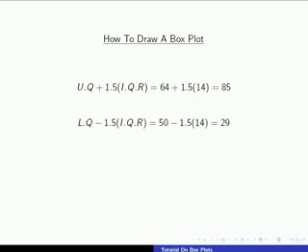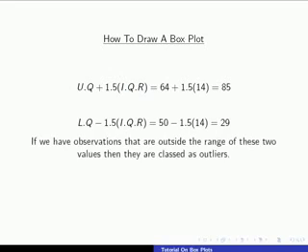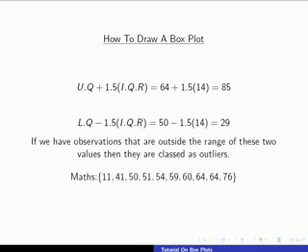Next, we take our lower quartile value of 50 and subtract 1.5 times our interquartile range of 14 to give an answer of 29. This means that if any of our maths grades are lower than 29, then they too will be classed as outliers. In general, if any of our values lie outside this range, then they will be determined to be outliers.